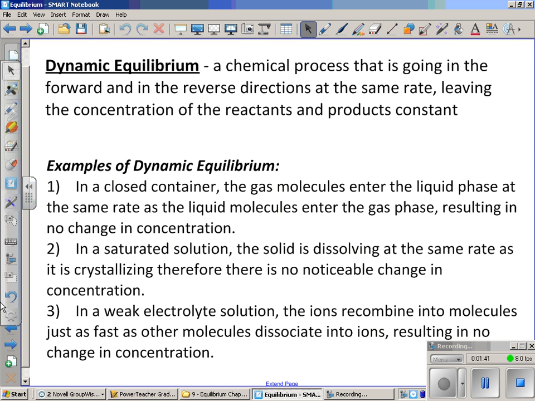And there's actually a ton of different types of dynamic equilibriums. Number one on your paper there is the one I was just referring to. That's the type you've learned before, but that's not the only type of dynamic equilibrium. You can get dynamic equilibrium in a saturated solution. Remember, saturated means you've dissolved as much solid as possible. So if you put any more in, the solid's just going to sit at the bottom. But technically, it doesn't just sit there.